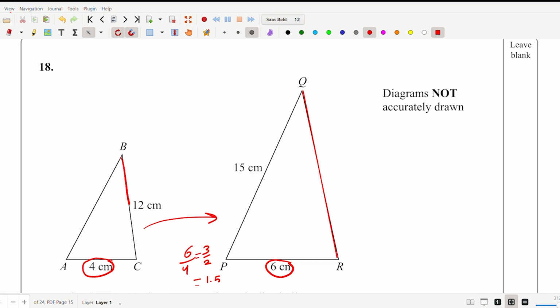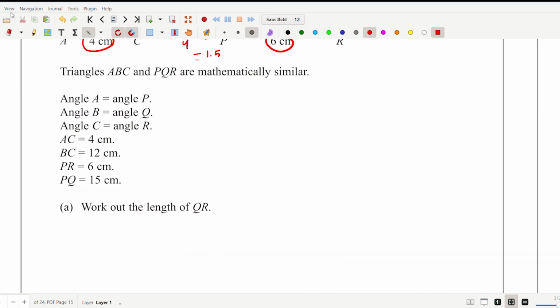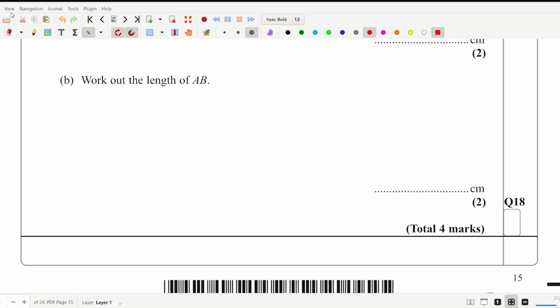I have to multiply PC, the corresponding length, 12 cm multiplied by 1.5, and you will get 18. So 12 times 1.5 equals 18. So here it's 18.